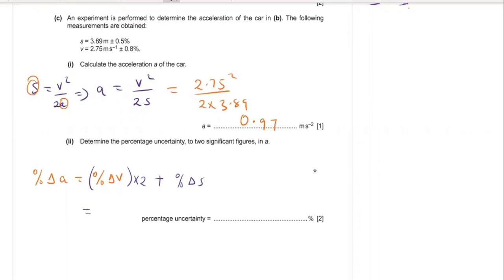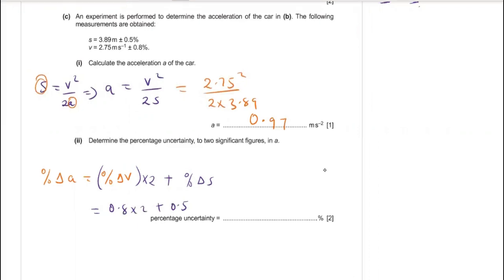So percentage uncertainty in V is 0.8, so that will be 0.8 times 2 plus 0.5. We get our answer 2.1 to two significant figures.